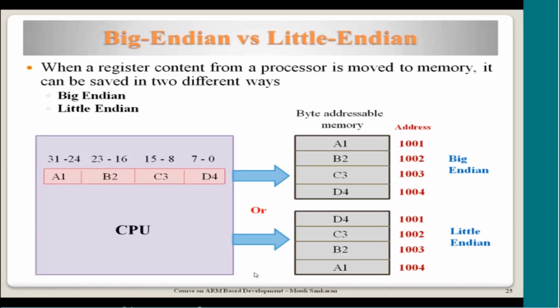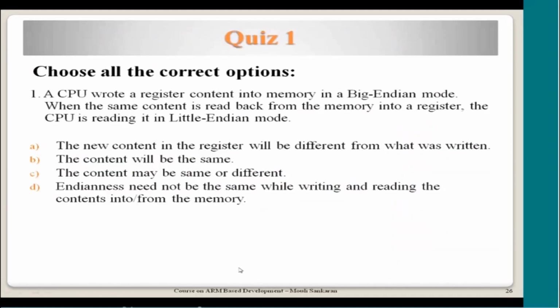Now let us have a question here, and I suggest you freeze the presentation and try to answer before seeing the correct option. If a CPU writes register content in big endian mode, can it read that memory content back into a register in little endian mode?